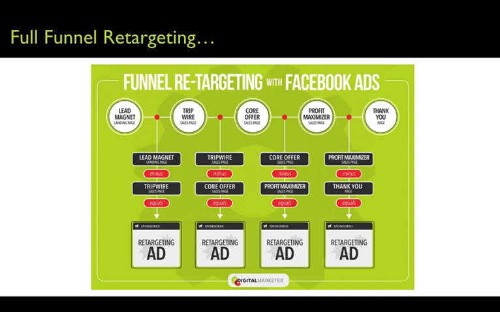So just like we created this first retargeting ad for people that didn't opt in, you would do that for each step of the funnel where they didn't take the action. So go ahead and create those audiences if you do have the URLs for each step of your marketing funnel and let those start to populate.